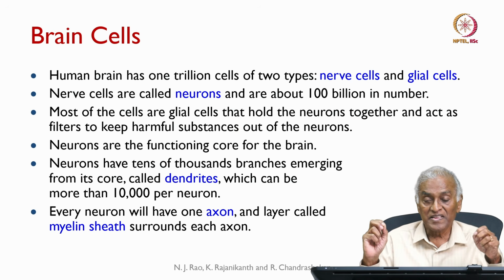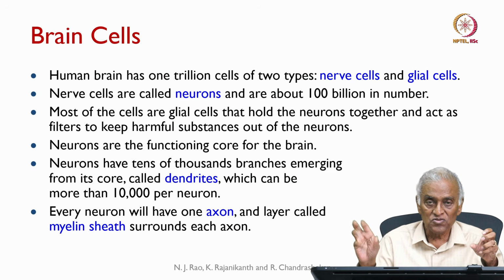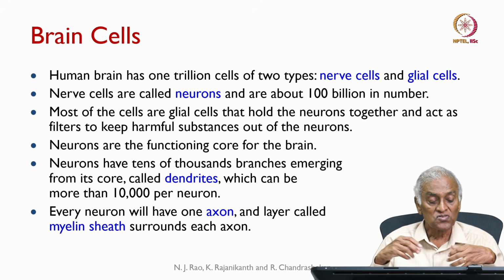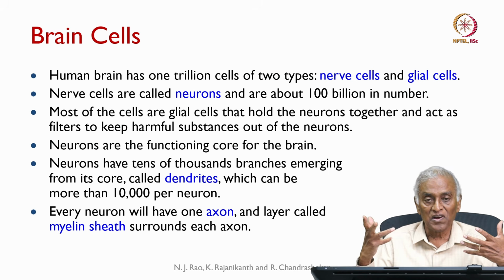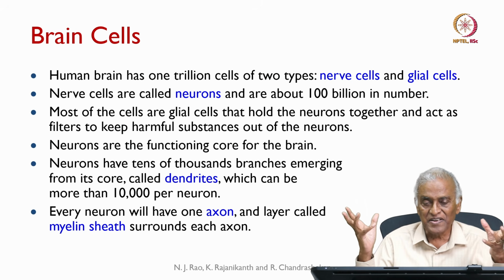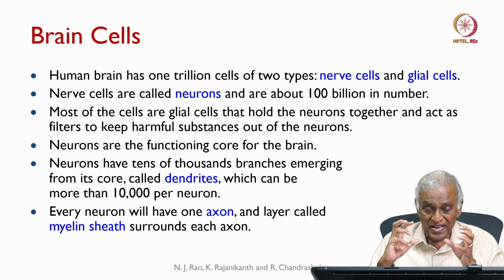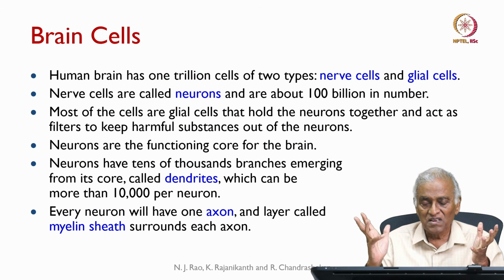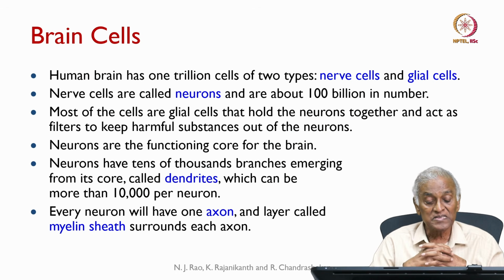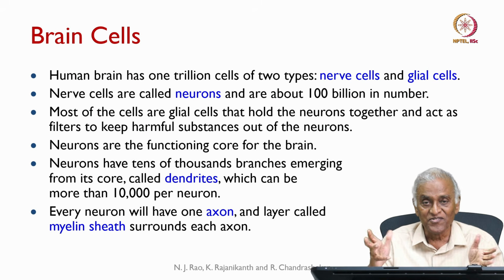And they can form connections through dendrites with other neurons. So if you have 10,000 per neuron and you have 100 billion neurons, you are talking of tens of trillions of connections. You can visualize the kind of complexity that can occur, or we cannot really visualize, in fact.